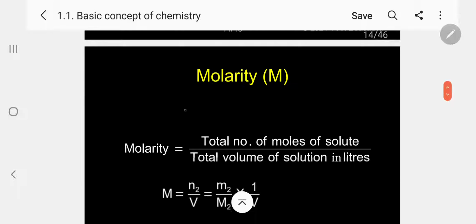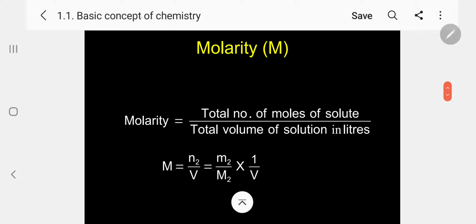What is molarity? Kindly follow. In the case of molarity, the definition says number of moles of solute present in 1 liter of solution. Please follow, 1 liter of solution. Here volume is involved. Molarity is equal to the total number of moles of solute divided by the total volume of solution in liter.